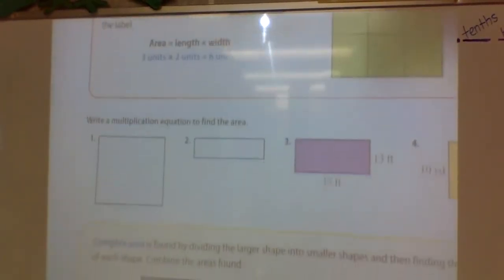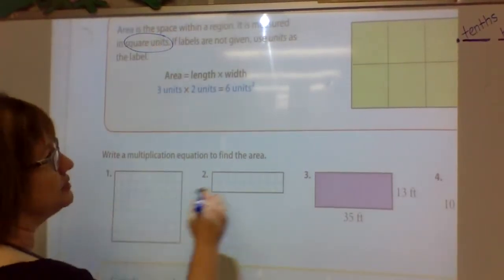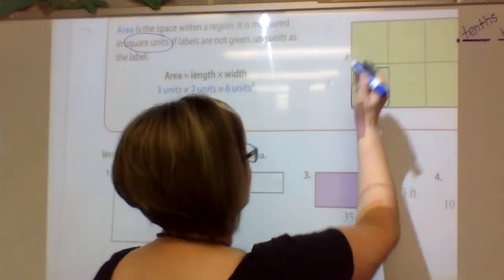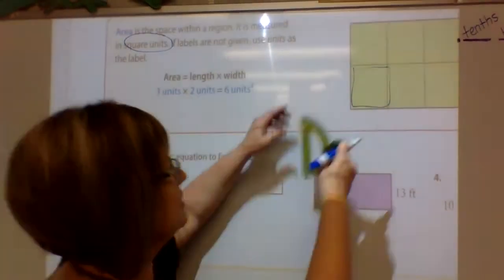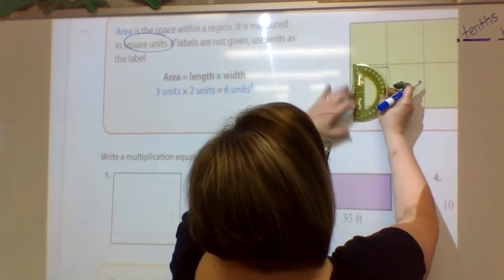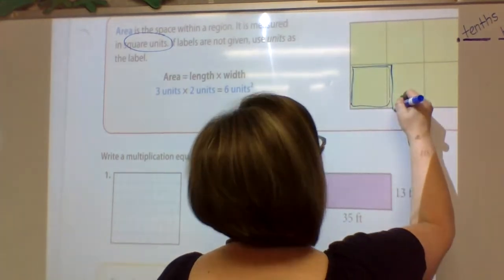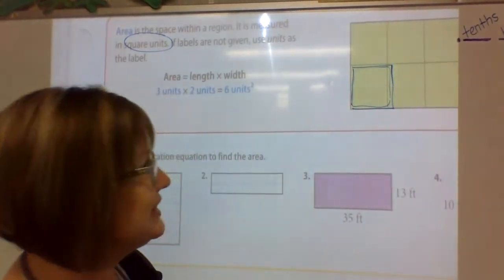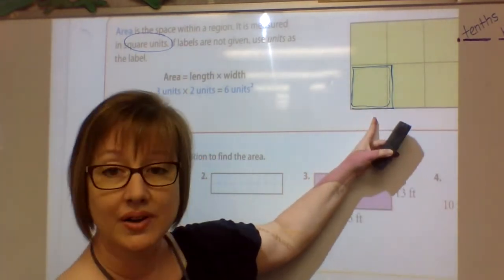Oh, and by the way, it's measured in square units, because this is a square. Like that would be like a square, maybe 3 square inches. Yeah, that's about 4 square inches. And if you had 4 inches by 4 inches by 4 inches by 4 inches, we would call that 16 square inches, because you would do 4 times 4.